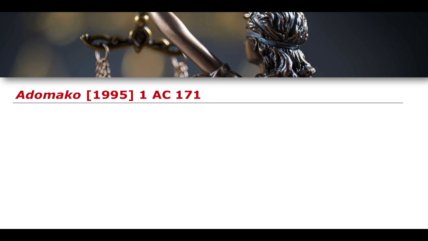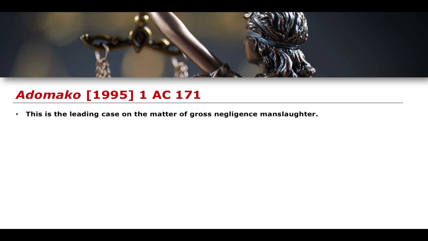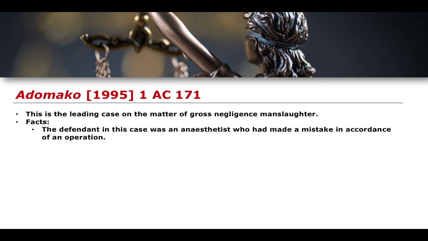Now, the key leading case for gross negligence manslaughter, at least in the jurisdiction of England and Wales, is the case of Adamako from 1995. The facts of this case are relatively simple to understand. The defendant, the individual who was charged with gross negligence manslaughter, was an anaesthetist who had made a mistake during an operation.